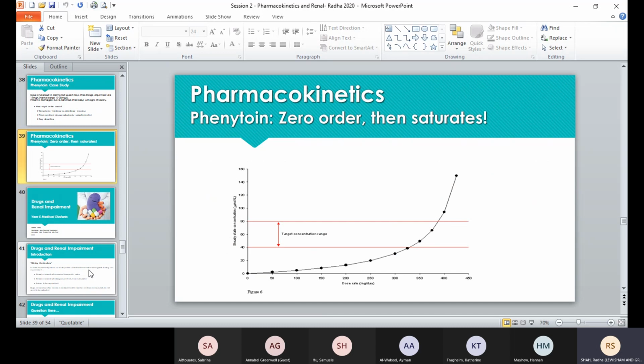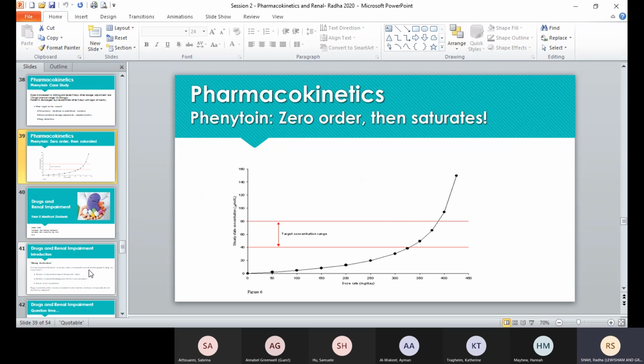I talked about zero order kinetics first. Phenytoin displays this. As you can see, you should just about be able to see the 300 milligrams a day is just below the minimum effective concentration, but obviously in some patients that is fine.